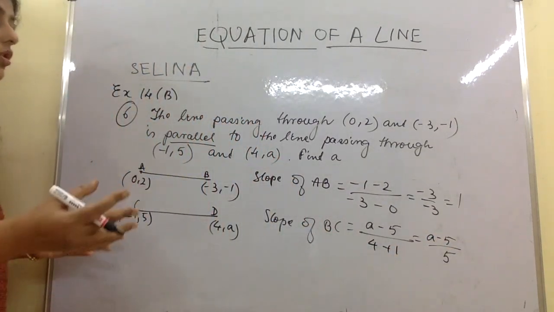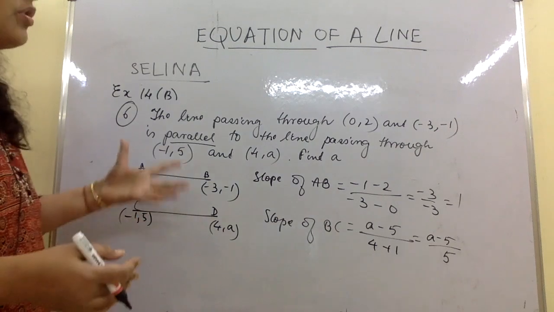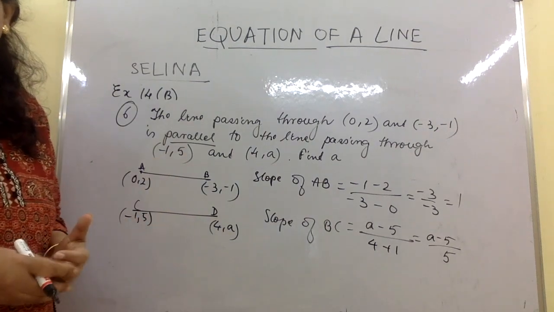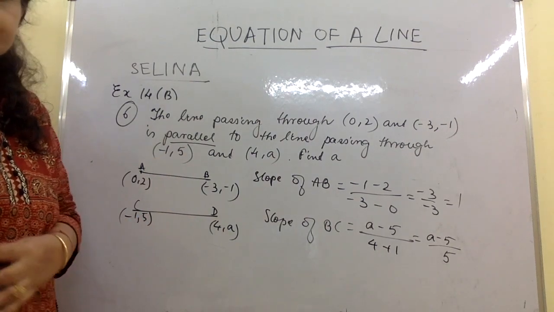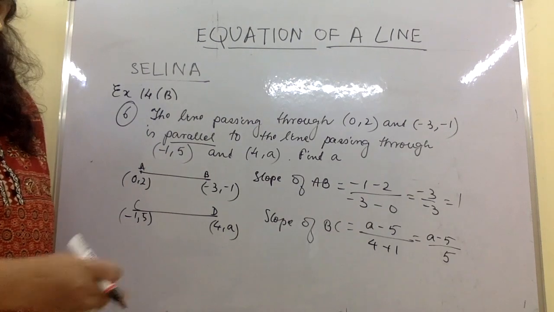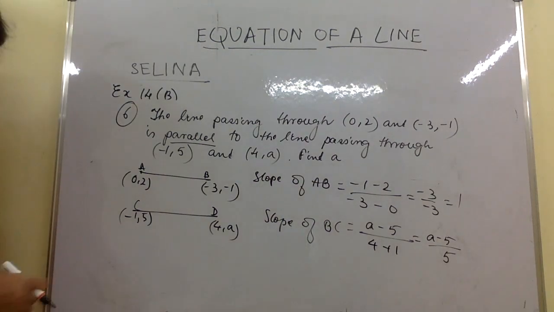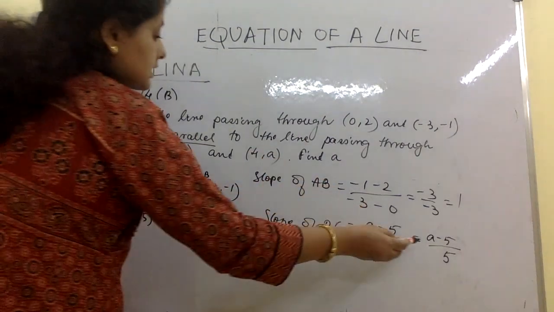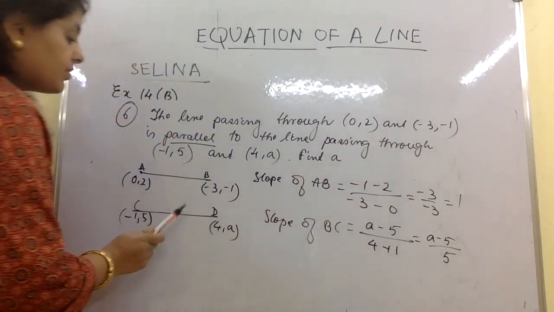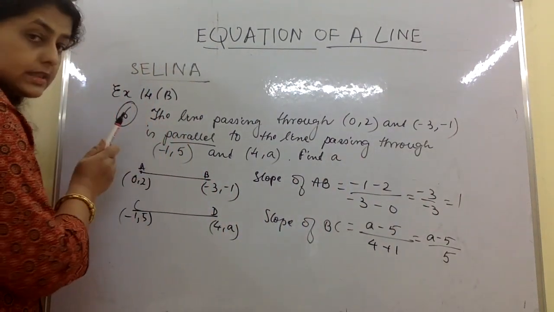So we have got the slope of the two lines. Now they are saying find the value of a in such a case. So what we will do is equate a minus 5 by 5, which is the slope of this line, to the slope of the other line.